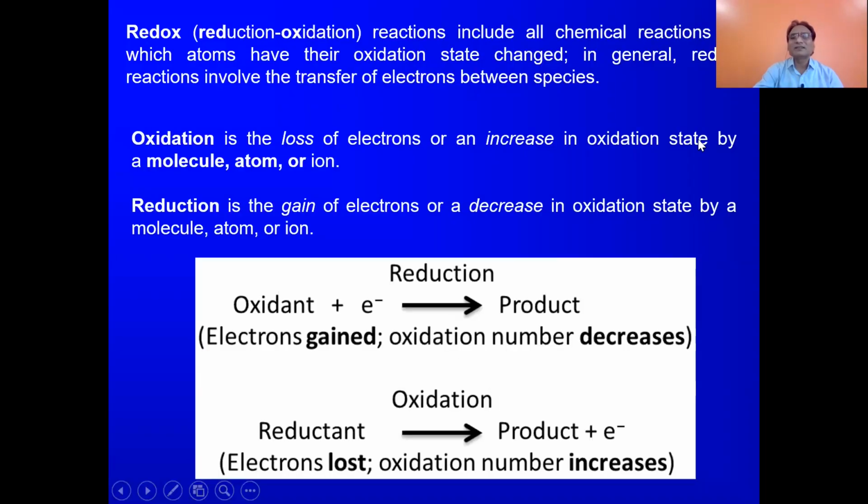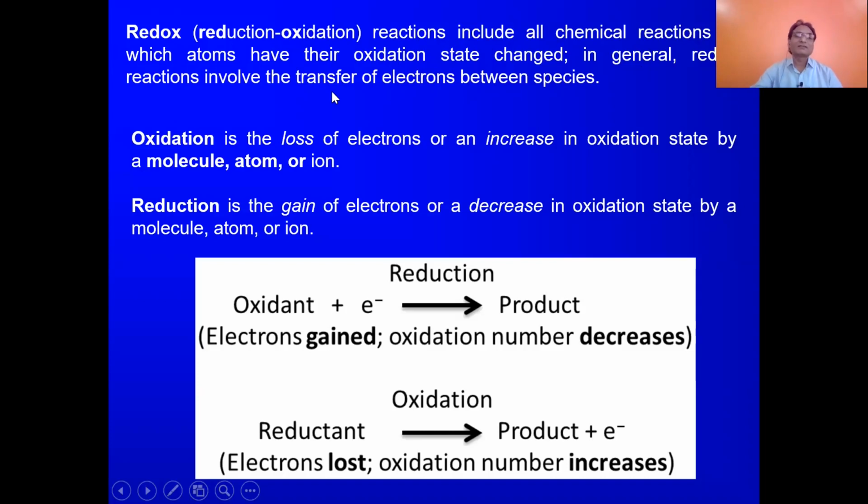Since you may not have a chemistry background, let me tell you the basics of redox reaction. Redox stands for reduction oxidation. Redox reactions include all chemical reactions in which atoms have their oxidation state changed. A redox reaction involves the transfer of electrons between species.